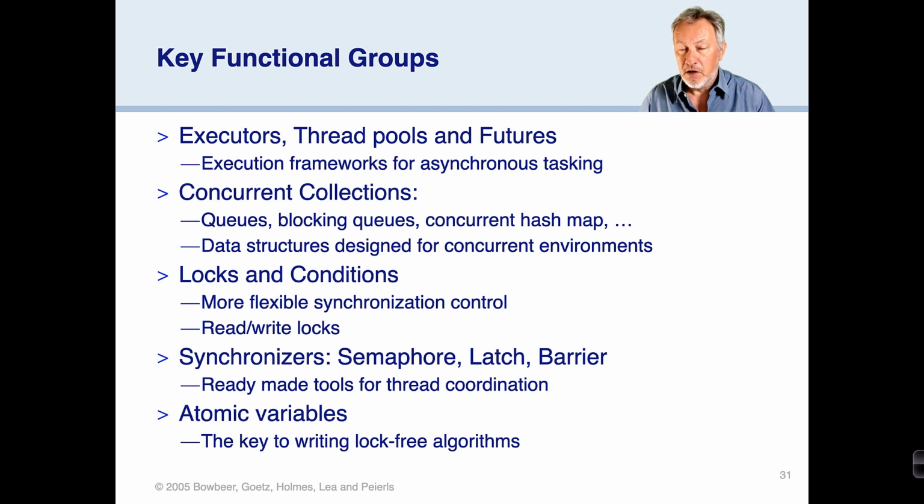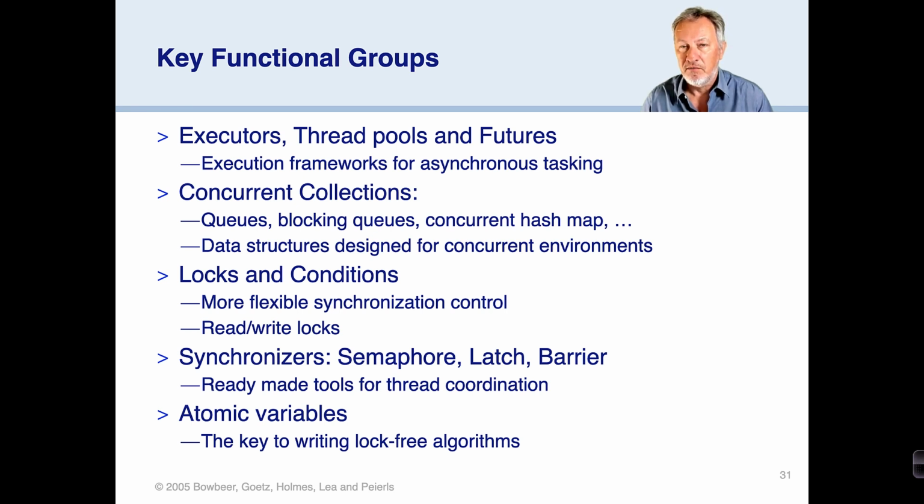I've mentioned a few times already that you have to be careful if you have code that creates new threads, particularly if you're creating new threads for each service that's performed. Because if you have no bounds on the number of threads that are created, this may lead to performance problems. The idea of Java util concurrency is that you have executors which will manage pools of threads for you.